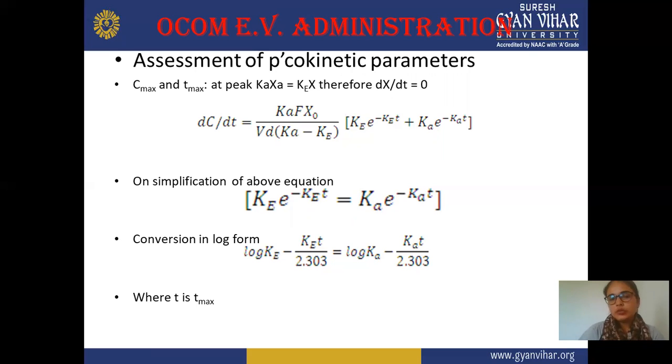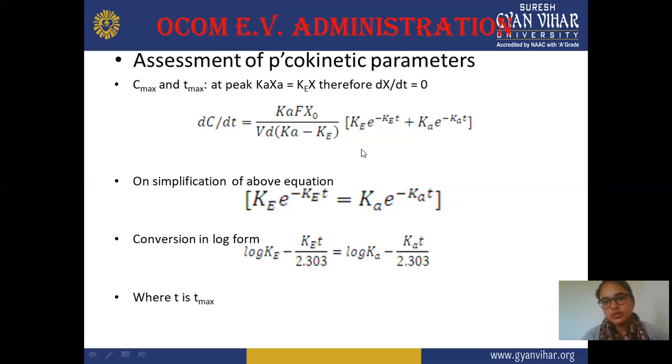After this, we simplify the previous equation, then we get dC by dt is equal to Ka F X0 divided by Vd, Ka minus Ke, in bracket Ke e to the power minus Ke t plus Ka e to the power minus Ka t.